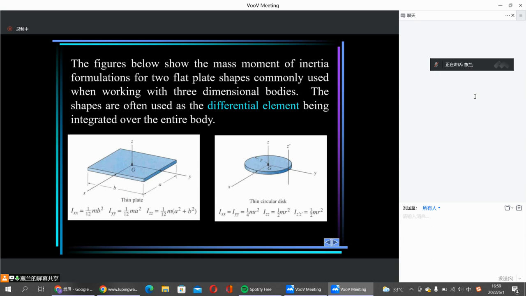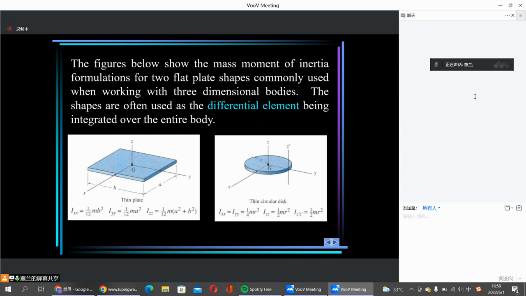We already calculated one-dimensional and two-dimensional cases, but generally speaking, in practice, we will meet three-dimensional bodies, so how to calculate them? We need to choose a differential element. It's very important to choose the differential element to simplify the calculation.